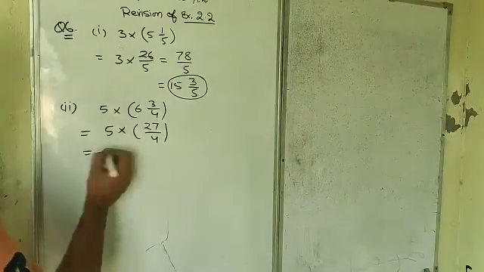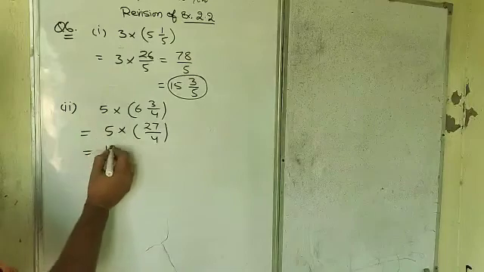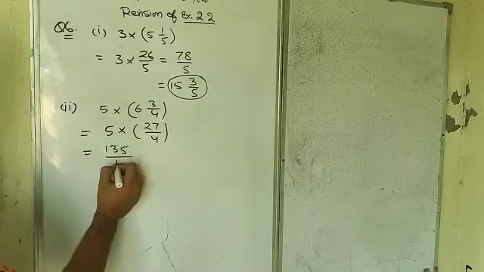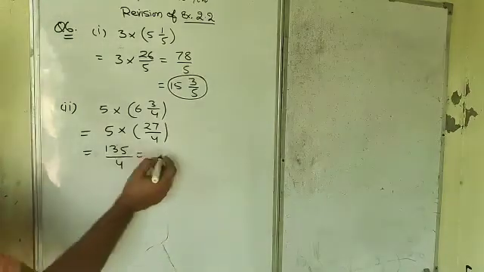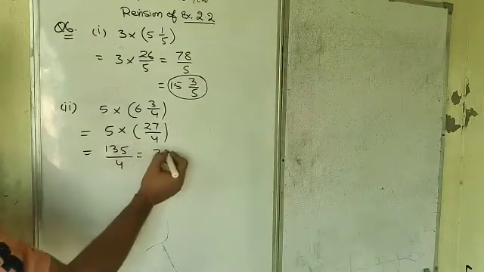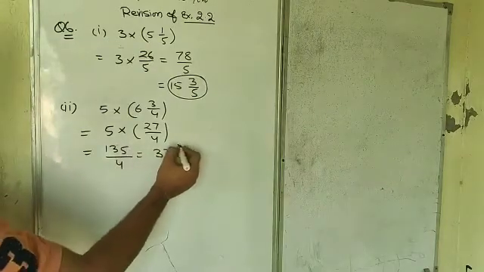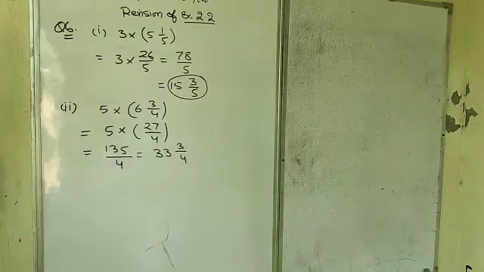No. So 27 5s are 135 divided by 4. आप 135 को डिवाइड कर सकते हो. So 4 3s are 12, 15, 4 3s are 12 and 3 divided by 4. So you can see 33 is to 3 by 4 is the answer.